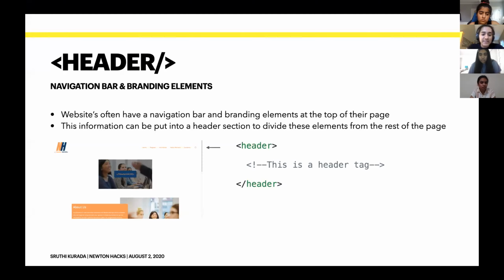So they probably kept this navigation bar within a header tag. And then you would also see this in other websites too, like any sort of navigation bar that every page on their site has, or branding information like a logo that's on every page would go into a header tag. And again, the point of it is to keep it separate from other elements.